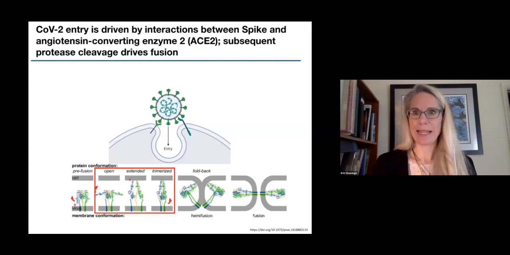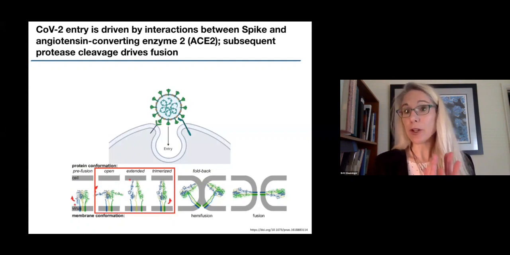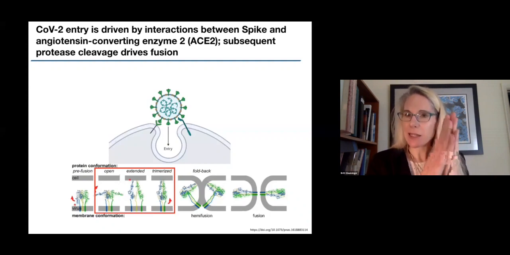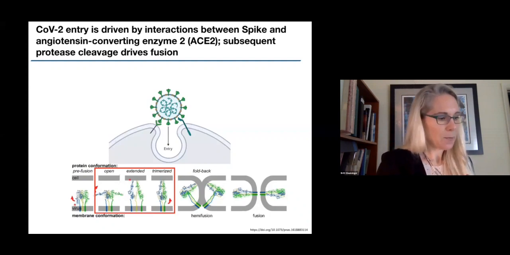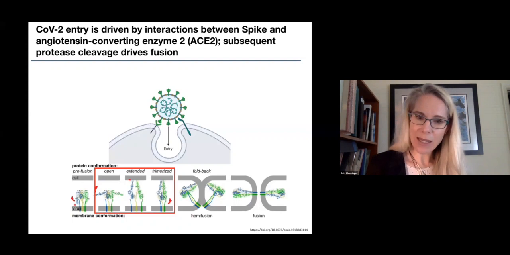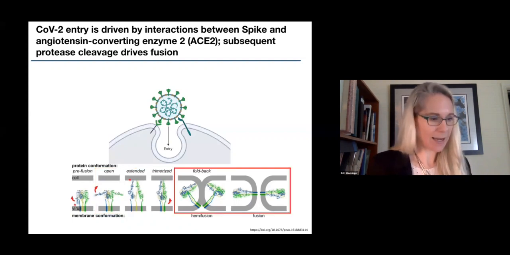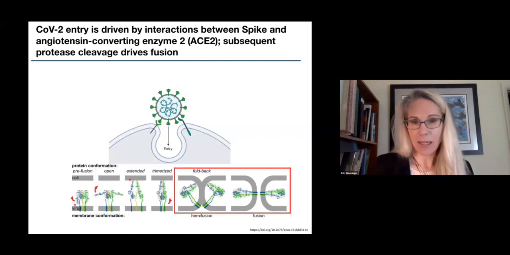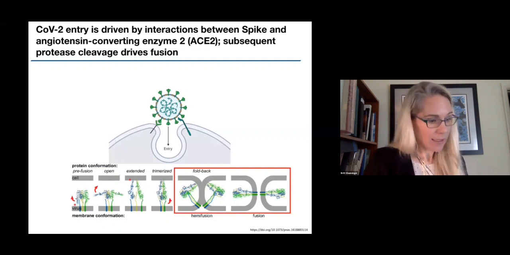pre-hairpin structure that gets embedded into the plasma membrane using that hydrophobic fusion peptide that's normally tucked on the inside of the fusion machinery. So it opens up, inserts into the plasma membrane, and then that pre-hairpin starts to fold back and form a 6 helix bundle.